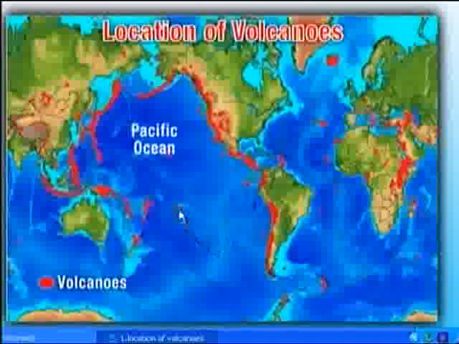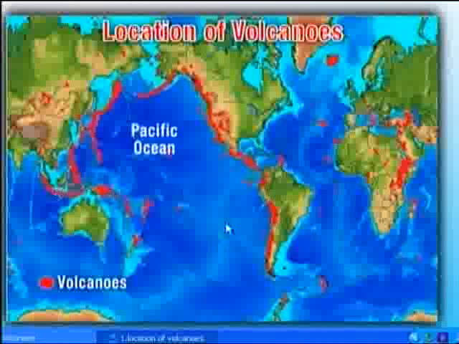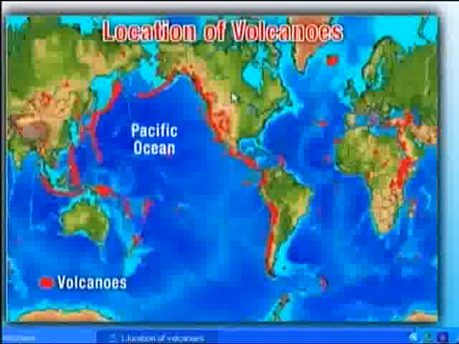We have volcanoes also in arcs along islands. This is Indonesia. We have volcanoes in the sea. This is the mid-Atlantic, and there are no volcanoes in the center of continents.